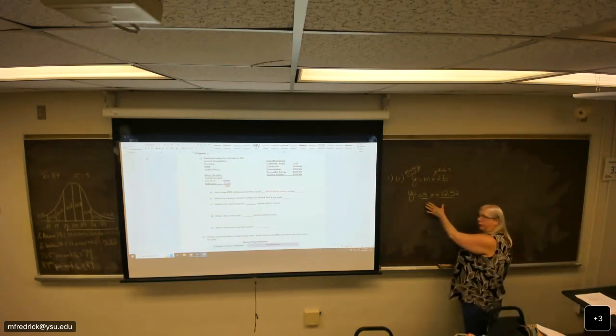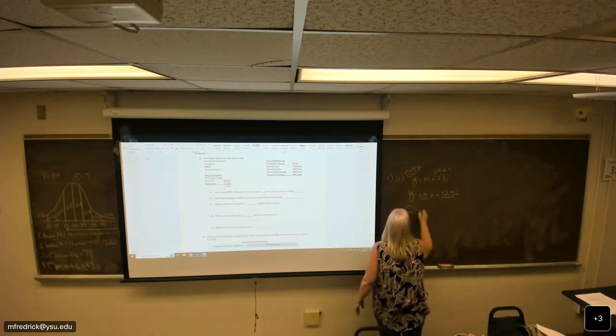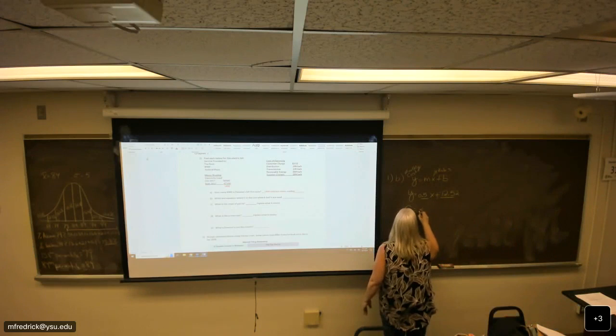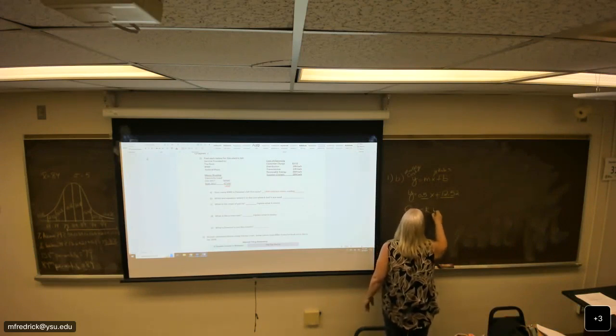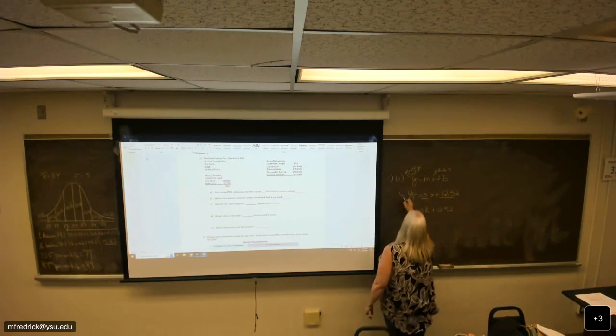Questions on getting these values? Now, if you want to use C and K, this is cost, and this is just kilowatt hours. Either one is fine.